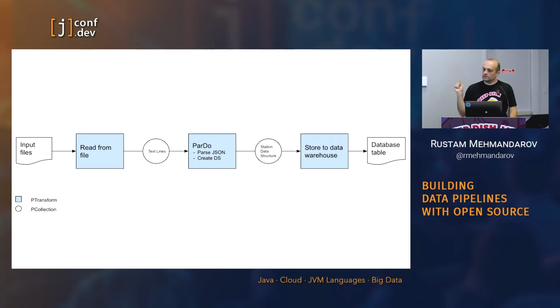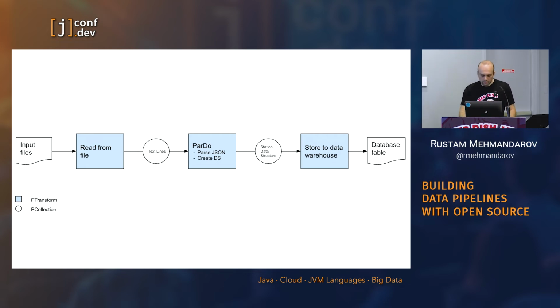Then you define ParDos. ParDo is short for parallel do. So it's something that can be processed in parallel without interfering with all the other things. And then you do some kind of transformations to it, you store it to a data warehouse, and you have at the end a database table. So you start with a file, simple .txt, .json, whatever, and you end up with a table.